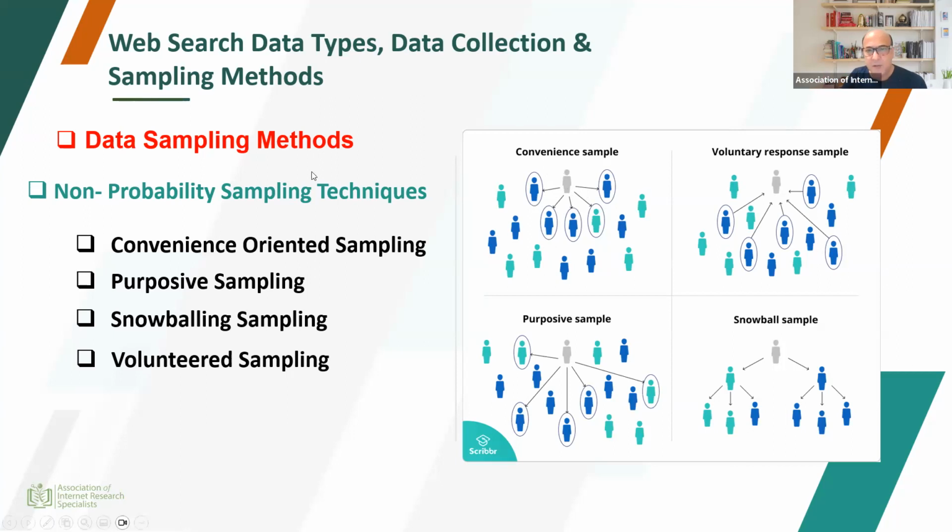You can assume this individual to be the recruiter, in gray color. They are looking for a sample which is convenient, which is around them, which is part of their group, or could be within the same class. So that is convenience oriented.